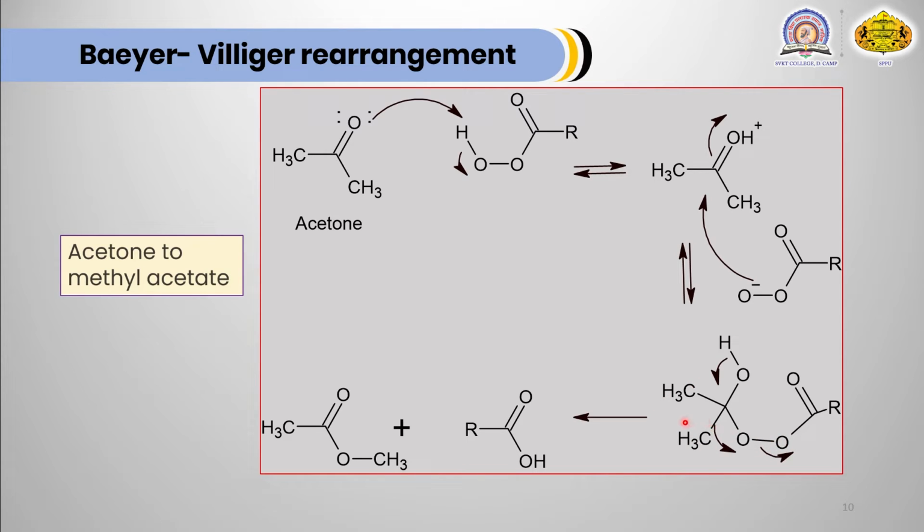After that, migration of this methyl group from this carbon to oxygen takes place, and finally we get these two products. One product is an ester and another product is an acid. Hence, we can convert acetone to methyl acetate by using the Baeyer-Villiger oxidation or rearrangement reaction. In this case, oxygen is inserted between the carbonyl group and a carbon atom.